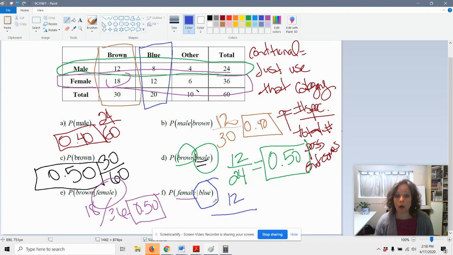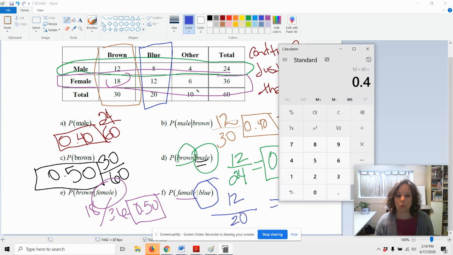The total number of blue is 20. Okay. So when we're looking at some conditional probability, it just means we're changing the parameters of what we're looking at. We're saying, look, this probability is conditioned on this category. So it changes that bottom number, but only when we have this line and a condition applied.